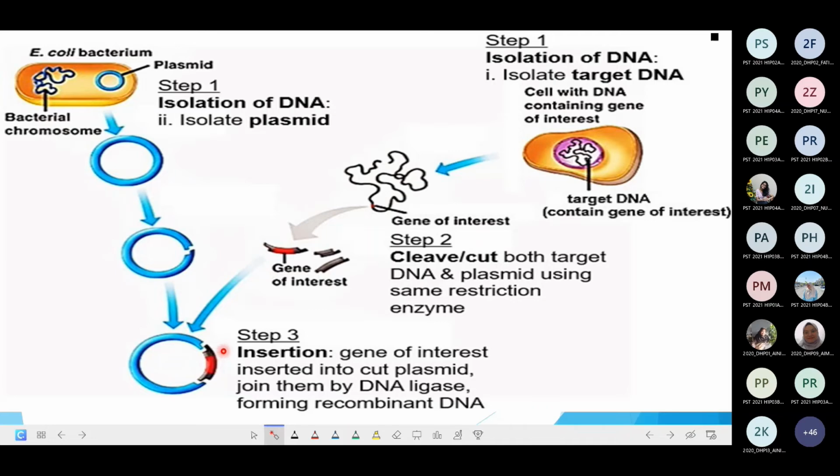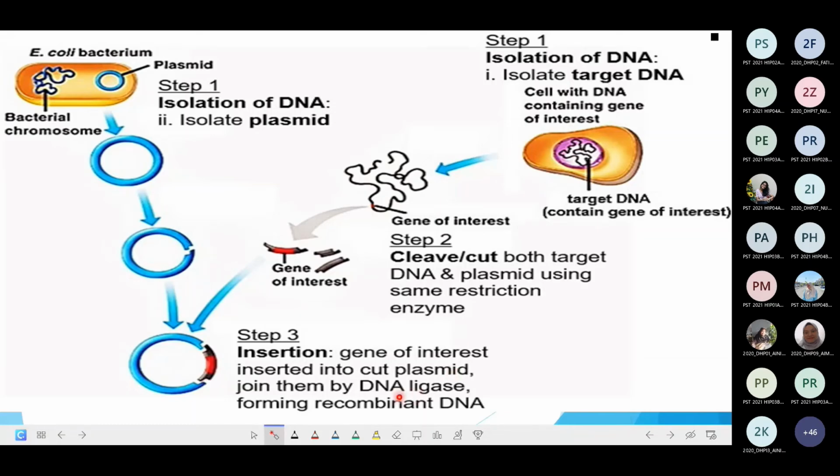Okay. So you must remember that these two are DNA molecules, but of different sources lah. This DNA molecule maybe comes from one type of cell. Meanwhile, this plasmid is also a DNA molecule that comes from a bacteria. Okay, but we can join these two DNA molecules together.